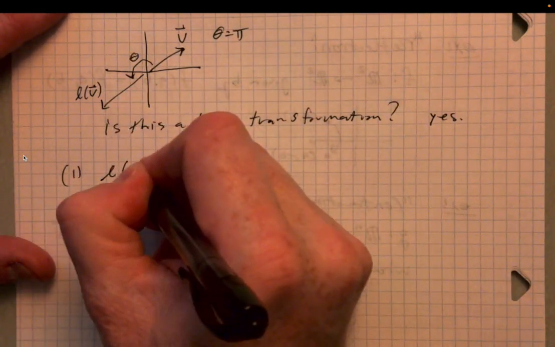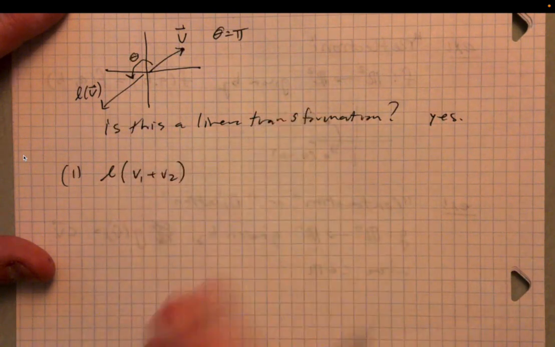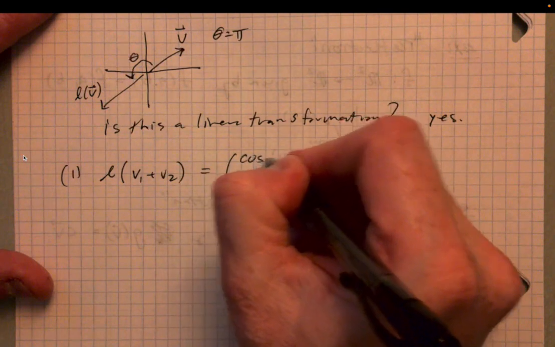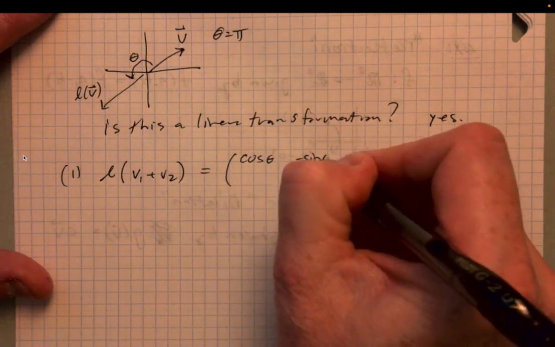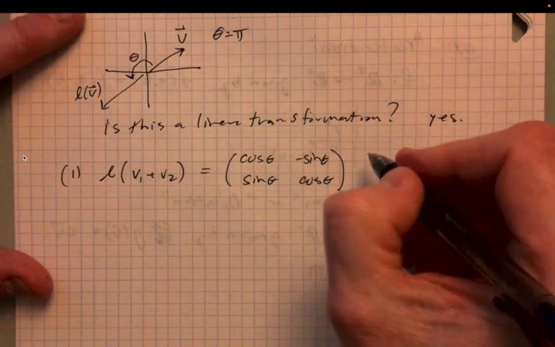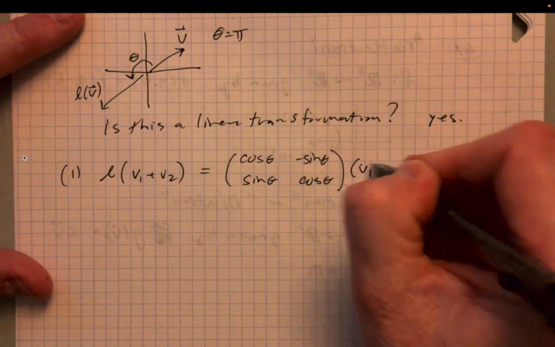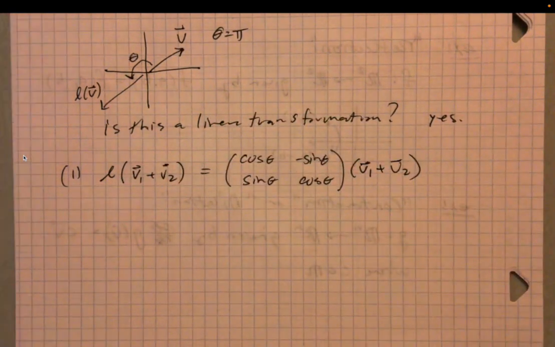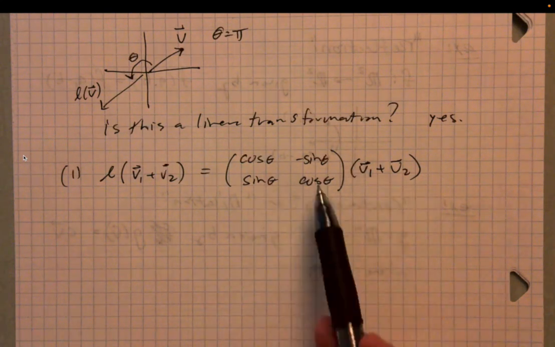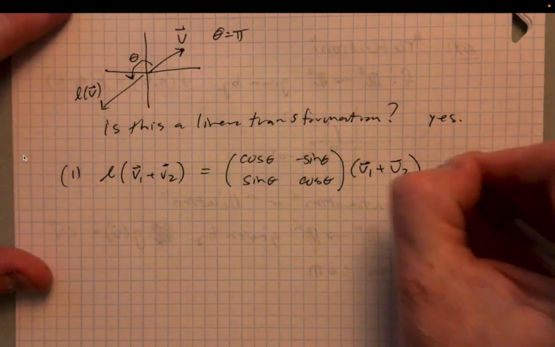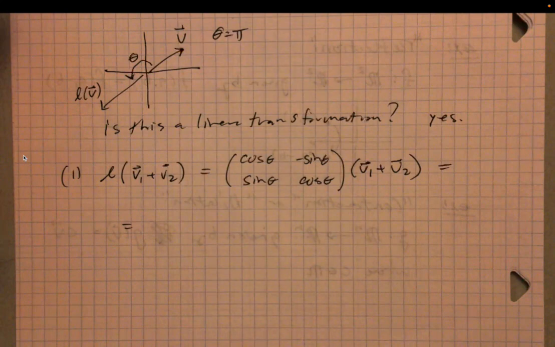So let's look at L of v1 plus v2. If I apply L, that basically means I have to multiply by this matrix. These are vectors, so let me put that on there just to make sure. And what happens when I multiply a matrix times the sum of two vectors? I can distribute, right? We know that from early matrix and vector operations.